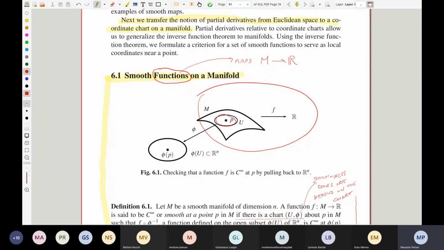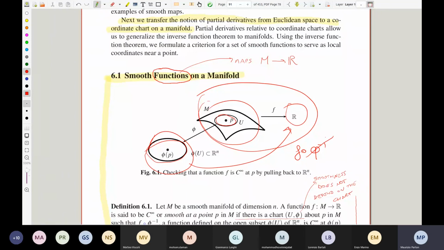This is a chart. It means that locally here, this is just this. This means that your function from M to R is actually a function from here to R. Formally, it's just F composed with the map giving you the local coordinates, okay?